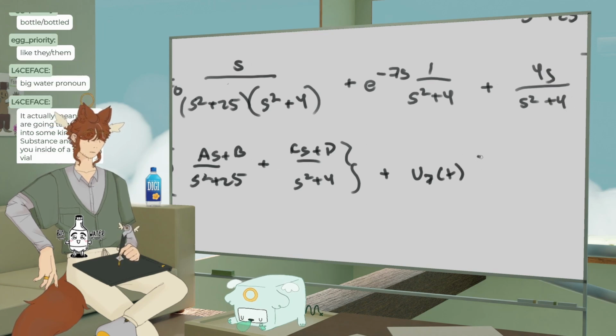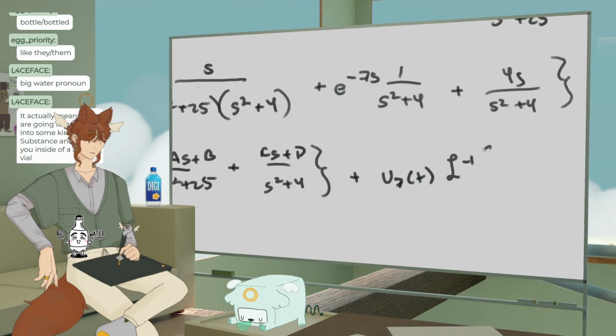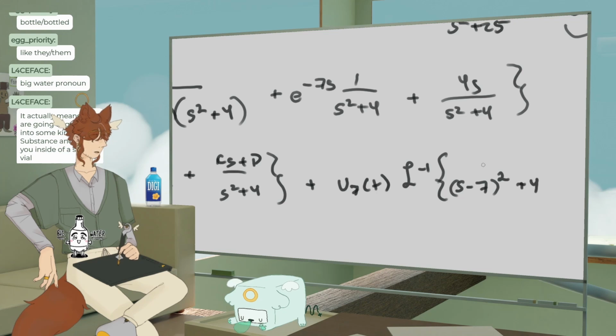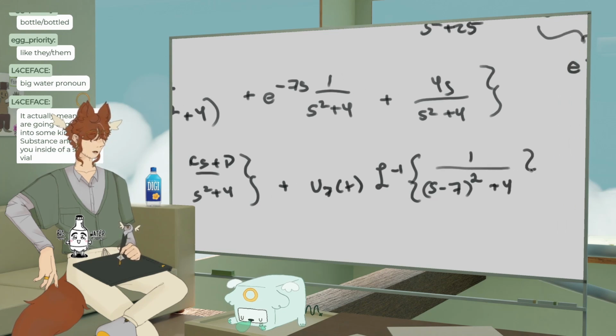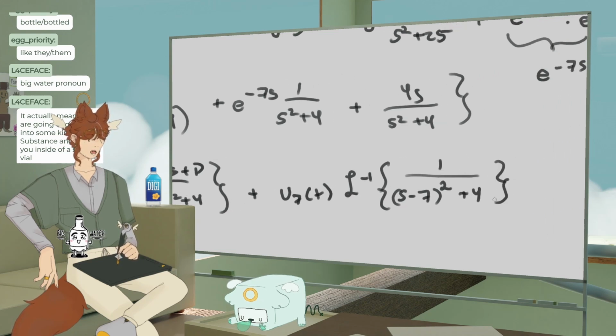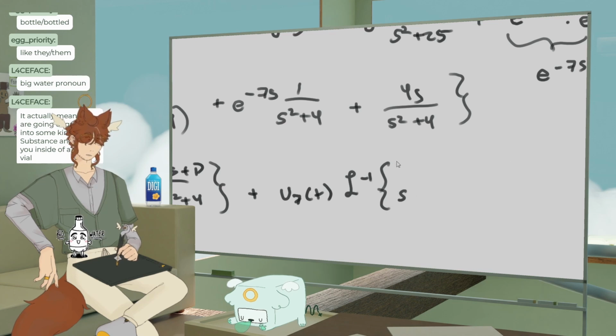I'm gonna turn this into Laplace inverse of s minus 7. Okay, this has to be wrong, I feel like, is the issue. Because if I do that, then I'm just gonna be shifting it again. You know what I mean? And then t goes to t... No, I don't. It's because that's the s. I'm not changing the t's. Okay, we're winning. Don't worry.